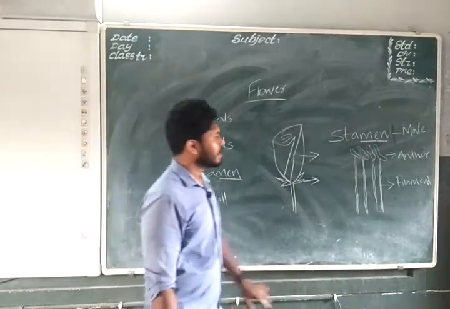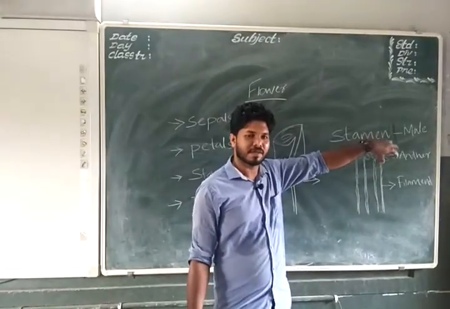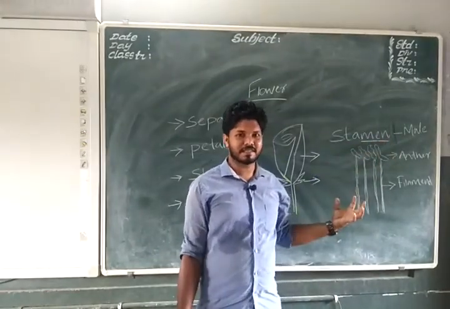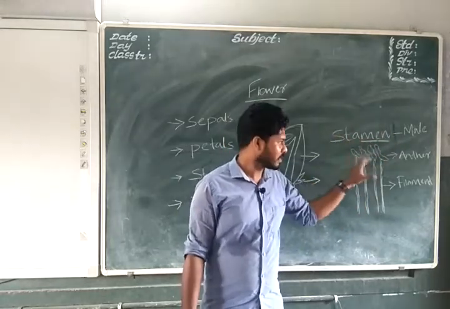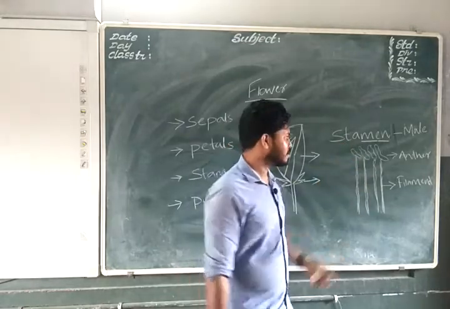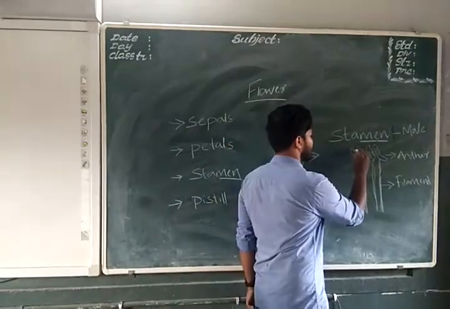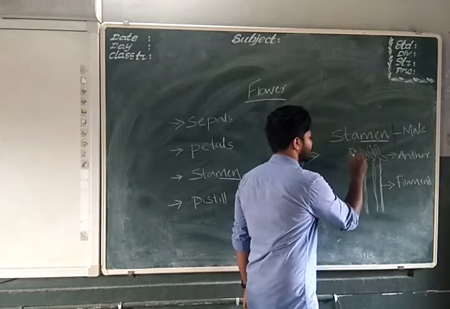And see, from this anther, butterflies or other insects take the pollen grains when they come and sit in this anther or they sit in the flower. This anther consists of sticky substance.